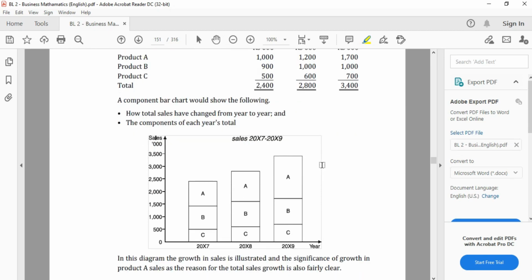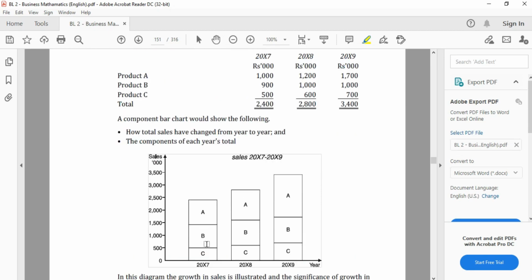So how you draw this is, first of all, you start from the lowest item. The lowest item is product C. So you put product C here and mark until 500, as it is 500 here.